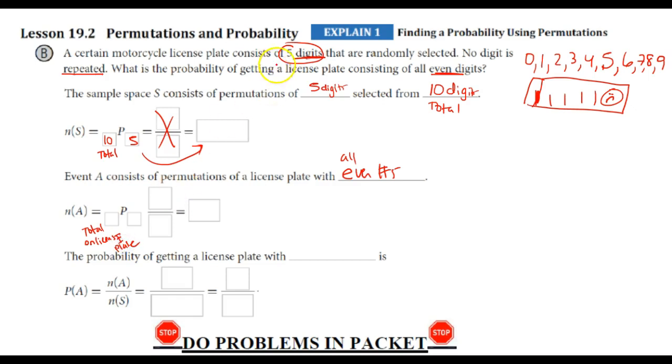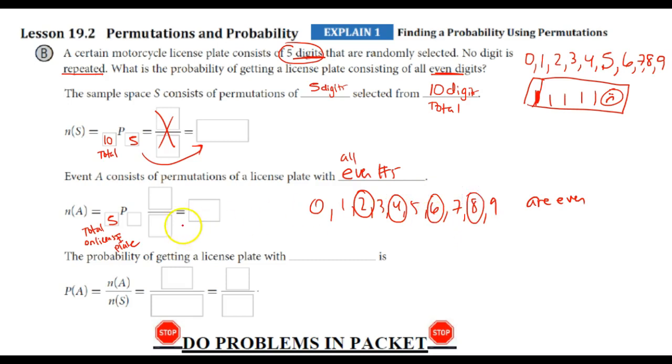Out of all these digits here, 0, 1, 2, 3, 4, 5, 6, 7, 8, 9, how many of them are even? Well, there's 2, 4, 6, 8. That's 4 of them.